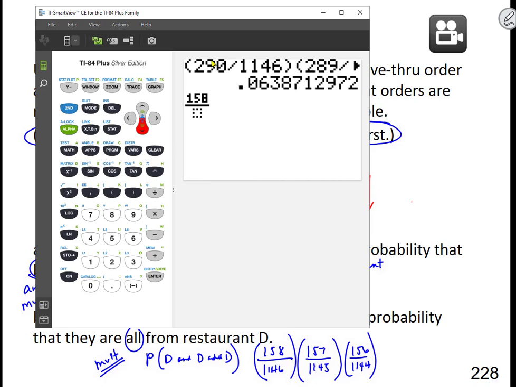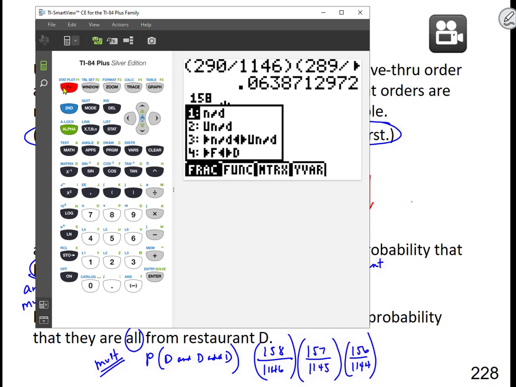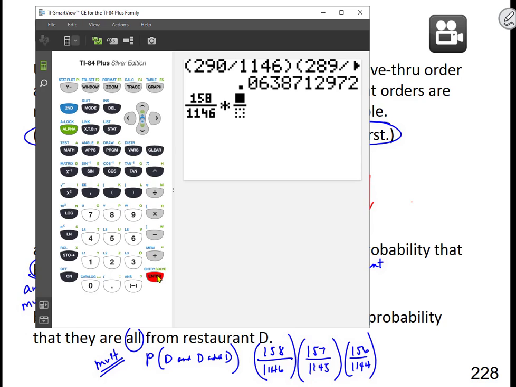And so 158, and just use your arrow keys to go from top to bottom, and then you can either use parentheses, or I'm just going to use my multiplication. Do the same thing. Alpha, y equals, enter. Now 157 over 1145, hit your right arrow.